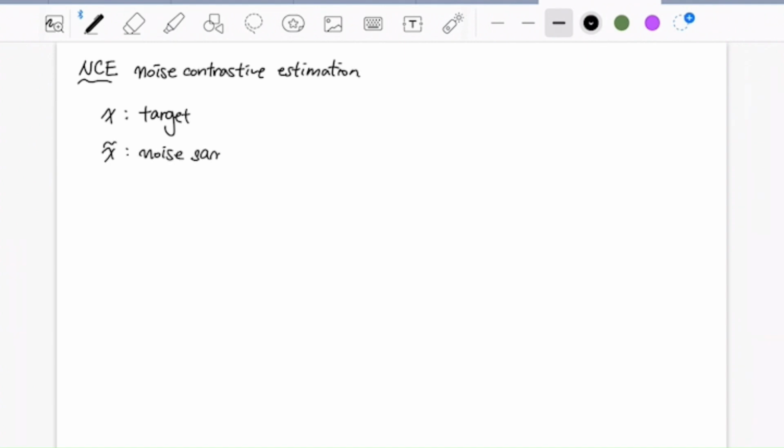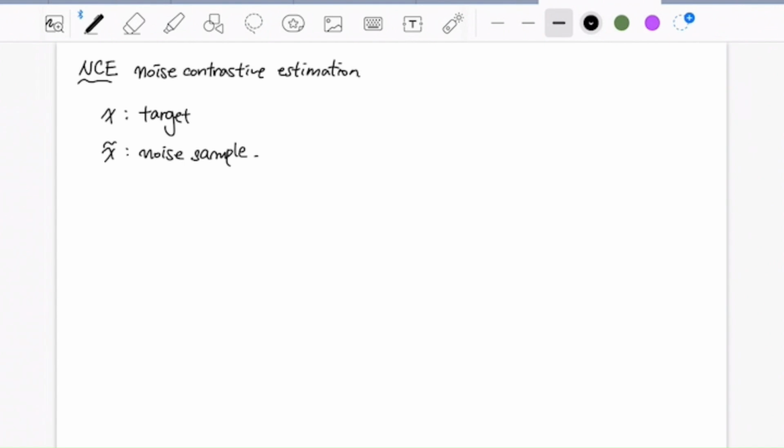Okay, so let's start. NCE stands for Noise Contrastive Estimation. This is a way to estimate the parameters in a statistical model. It tries to do logistic regression to tell apart the target data from the noise. Let's say x is a target data and x tilde is a noise sample.